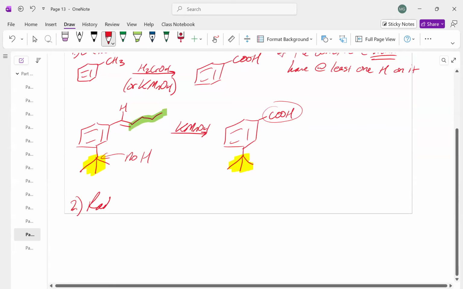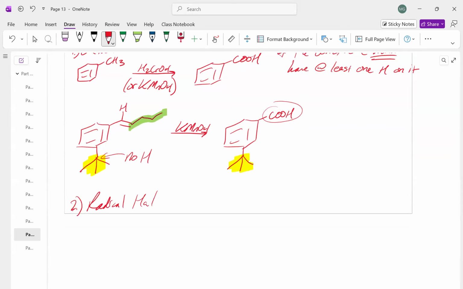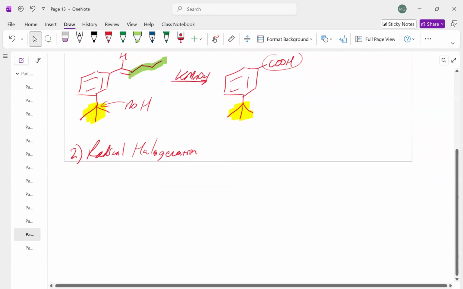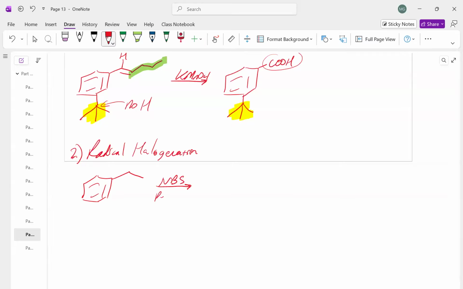Now, the next reaction that's important to know, and you already kind of know this one, is radical halogenation at the benzylic position. If we use, for example, NBS in peroxides or Br2 in light, the benzylic position is preferentially halogenated over any other ones.